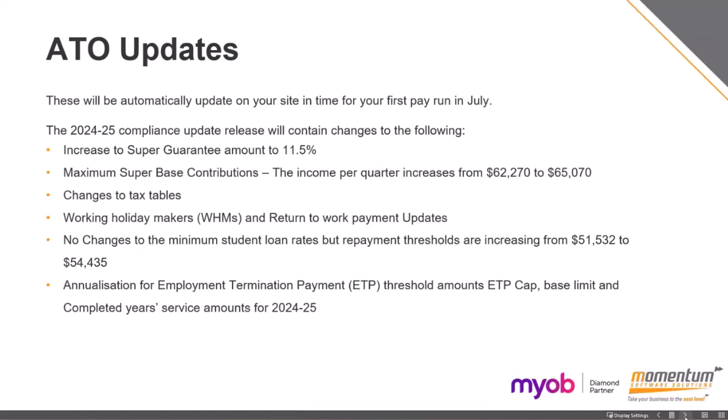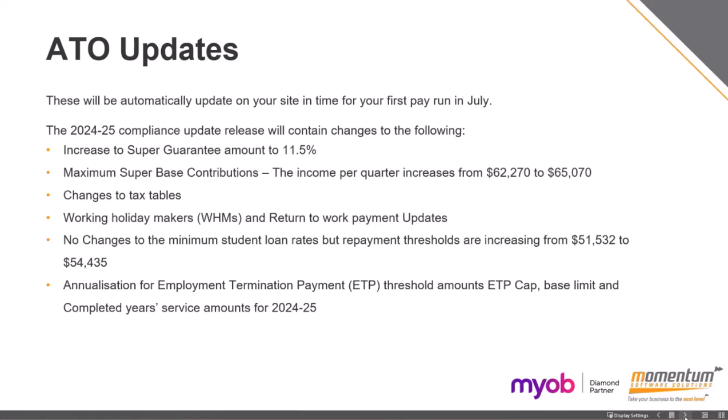So the following changes come into effect on 1st of July. In most cases, the new rates and thresholds are applied automatically when you open a pay with a physical pay date of 1st of July 2024 or later. So the changes are: the super guarantee increased to 11.5%.